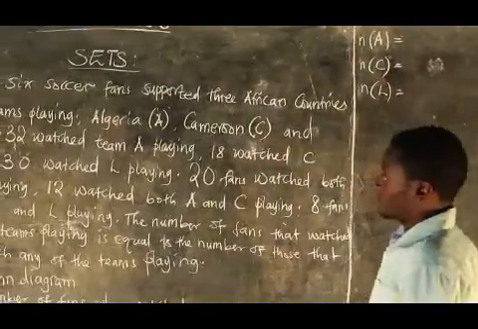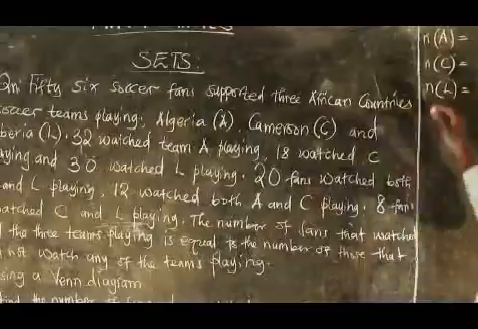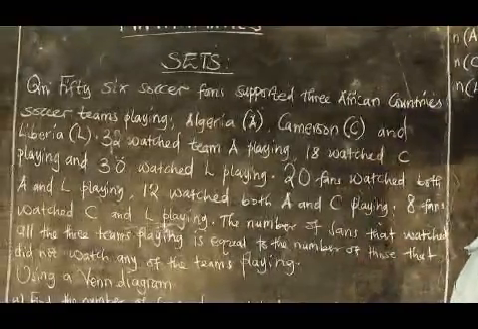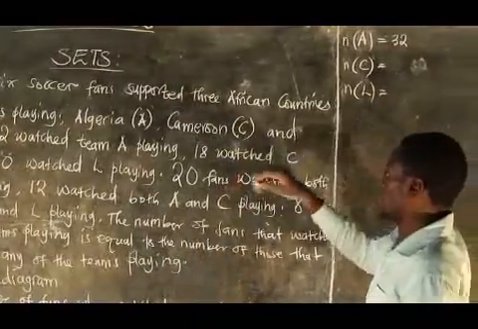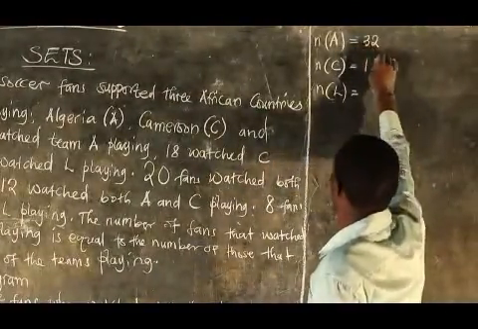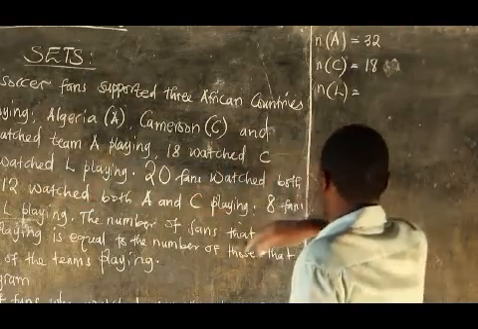32 watched Team A play. It means for A we put 32. 18 watched C playing. This is 18. And 30 watched L playing.